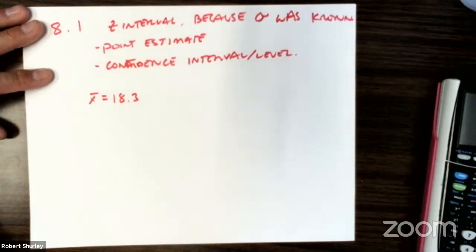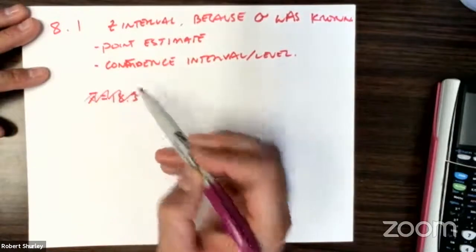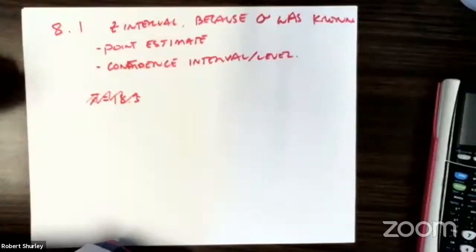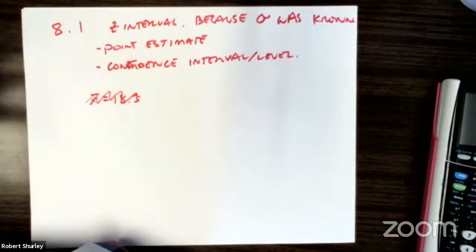Yeah, I'm not worried about that one. You can just make that one go away from your brain. Because it doesn't give you the sample standard deviation. No, don't worry about that.